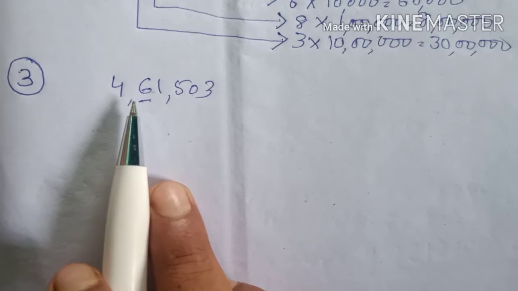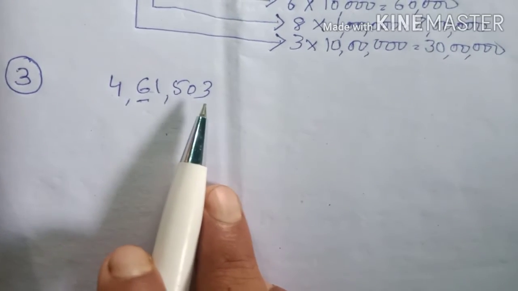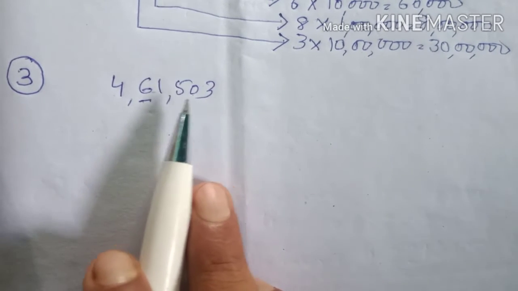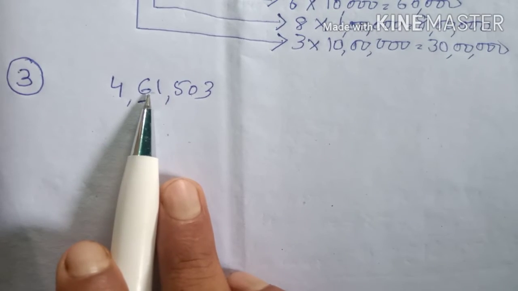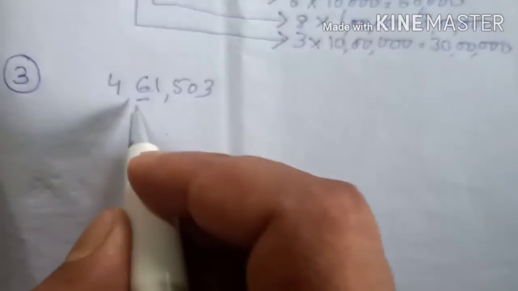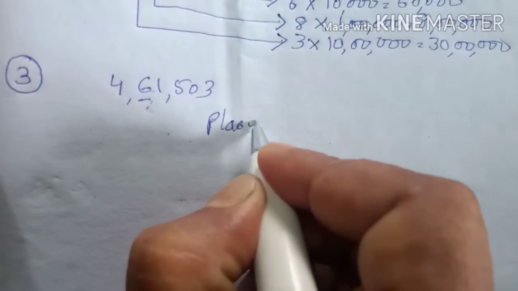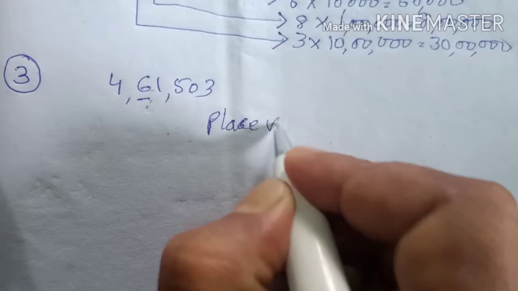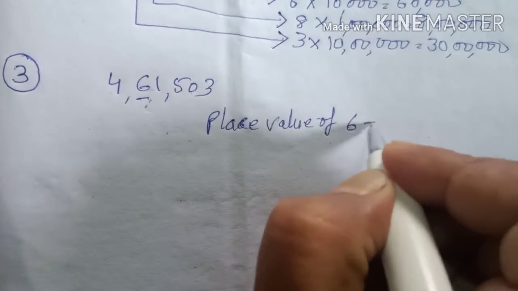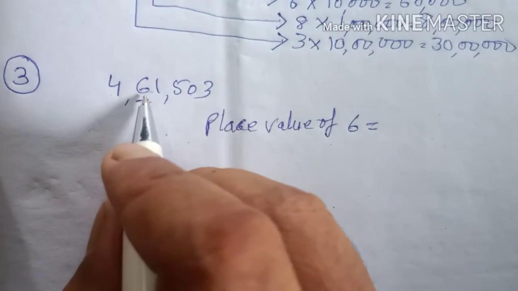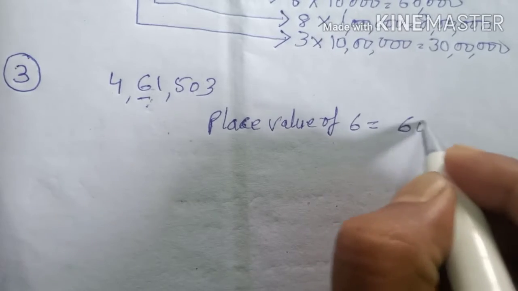You are given this numeral 4,61,503, and in this question you have to find the difference between the place value and face value of 6. So what will be the place value of 6? Place value of 6 will be 6 multiplied by 10,000, that will be 60,000.